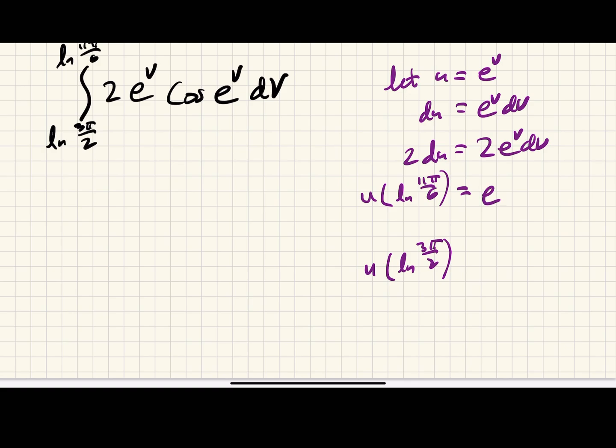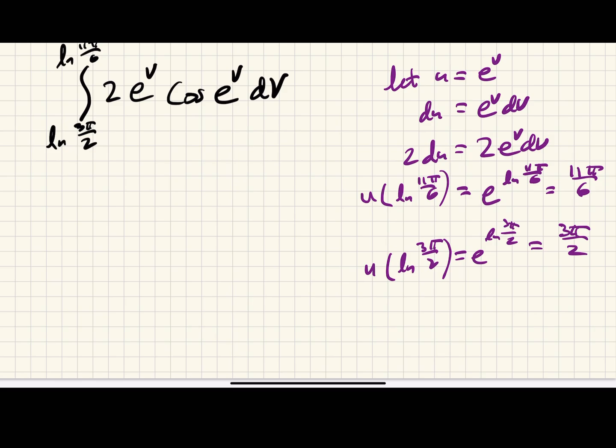So this will be e raised to the natural log of 11 pi over 6. And e raised to the natural log of an argument is just the argument, right? So just 11 pi over 6. That's nice. And then this will be e raised to the natural log of 3 pi over 2, which will just be 3 pi over 2. And this is working out nice since we've got a cosine function going here.